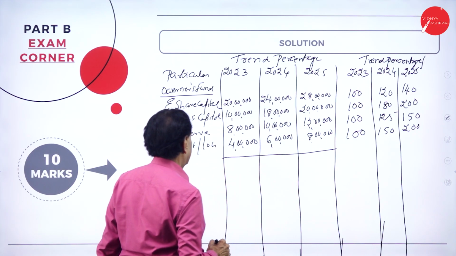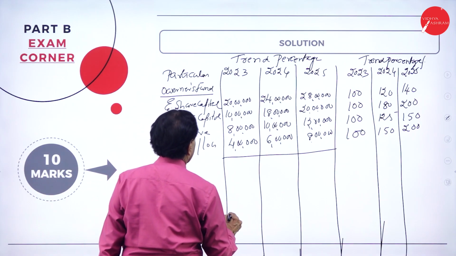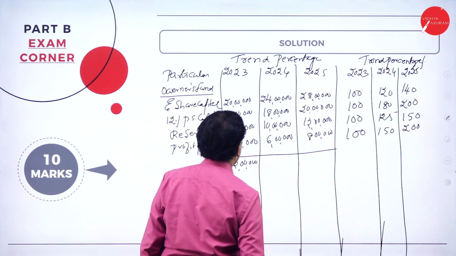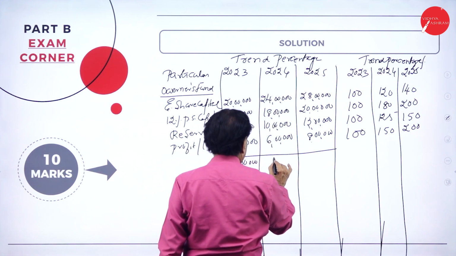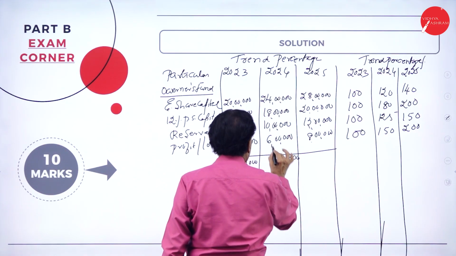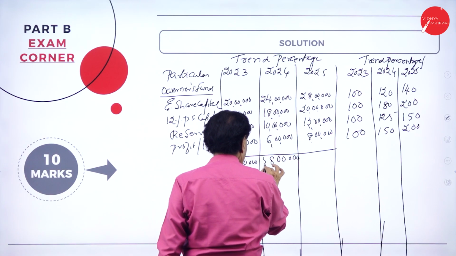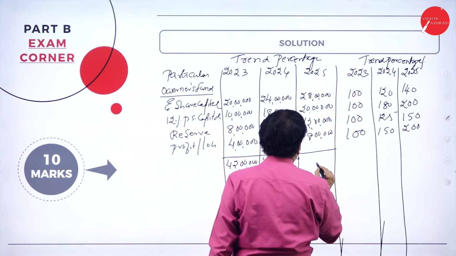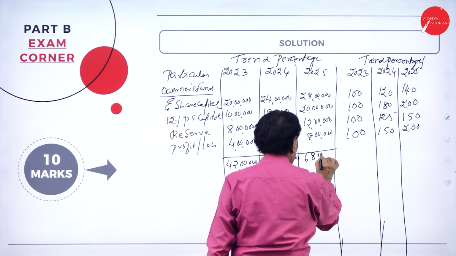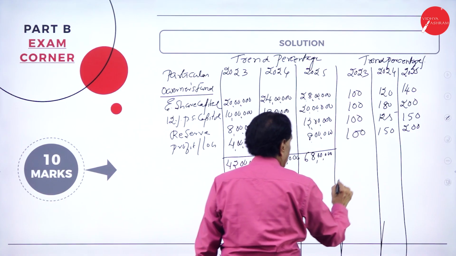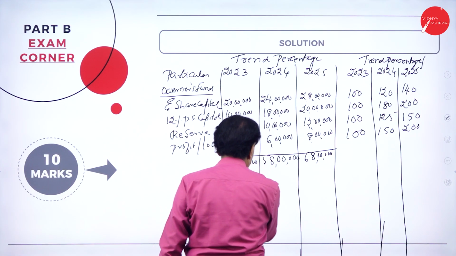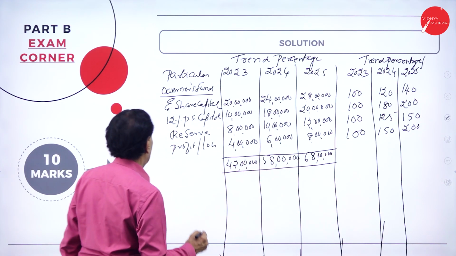Add 20, 38, 42 lakh, then 58 lakh, 68 lakh, taking 42 lakh as the base year. This is the owners' fund.